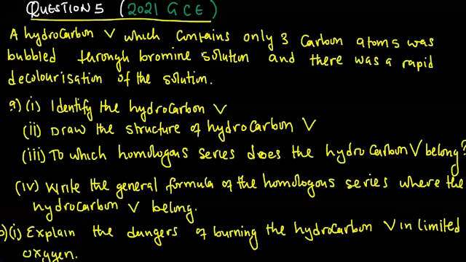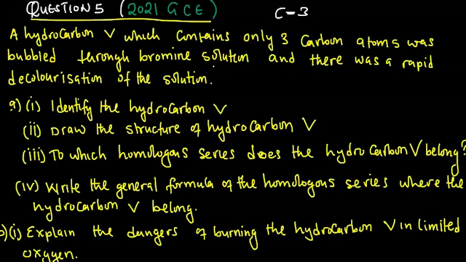Let us look at question 5. It reads, a hydrocarbon V which contains only 3 carbons was bubbled through bromine solution, and there was a rapid decolorization of the solution.